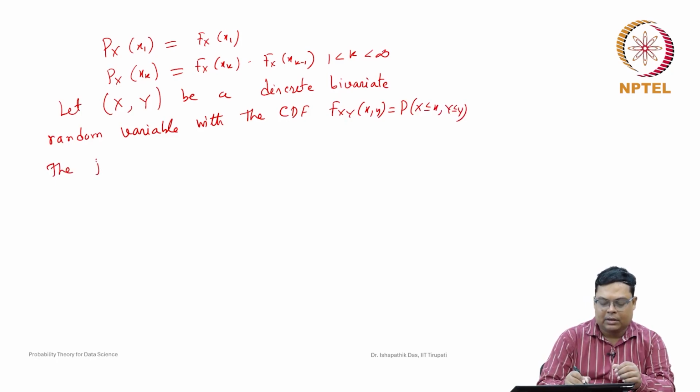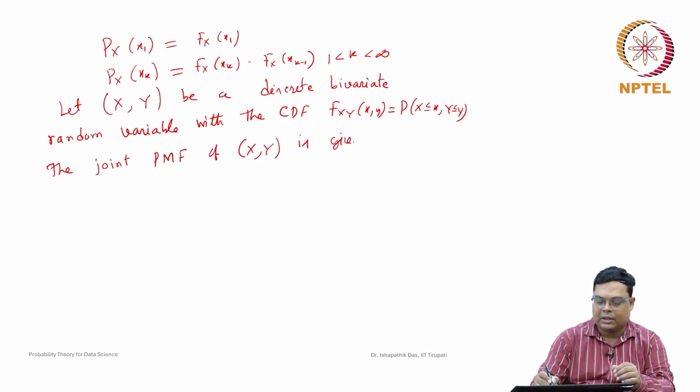The joint probability mass function of (X, Y) is given by P_XY(x, y). This is nothing but the probability that X equal to x, Y equal to y.